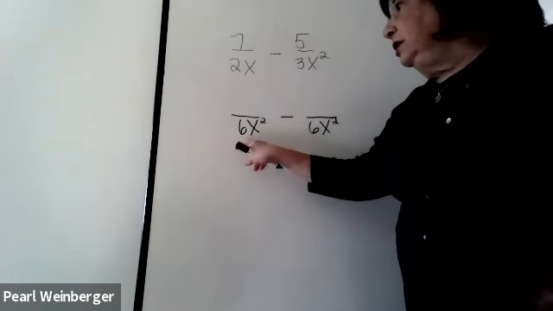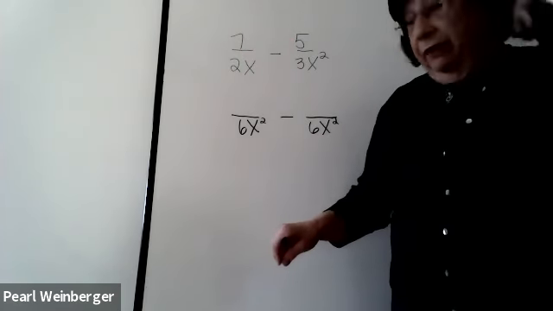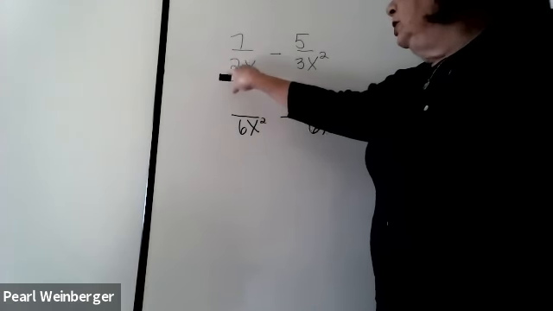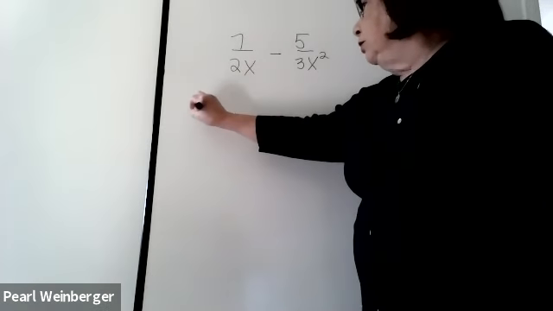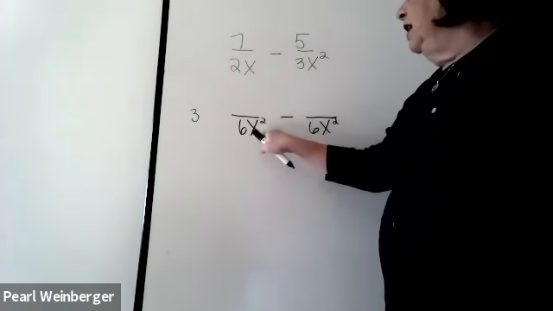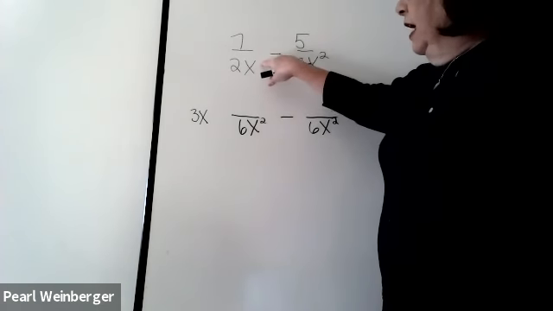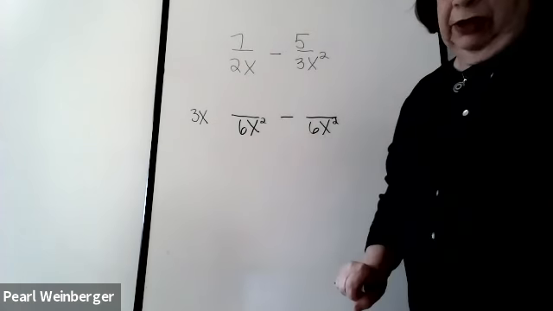You've changed the denominator, so you're going to have to change the numerator so that your two fractions are equal. What did I do to the 2x? Well, if I divide the 2 into 6, that gives me 3. And the x into x squared gives me x. In other words, I multiplied the 2x by 3x to get the 6x squared.